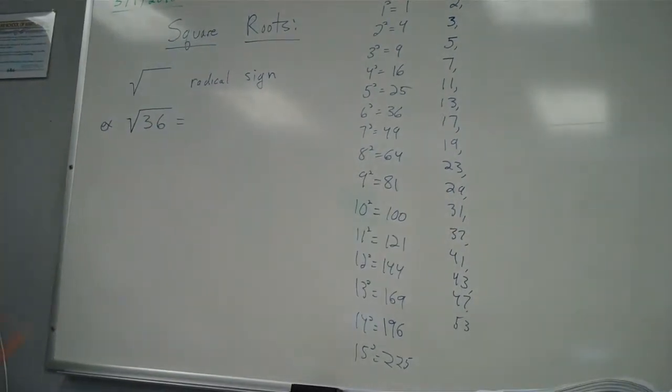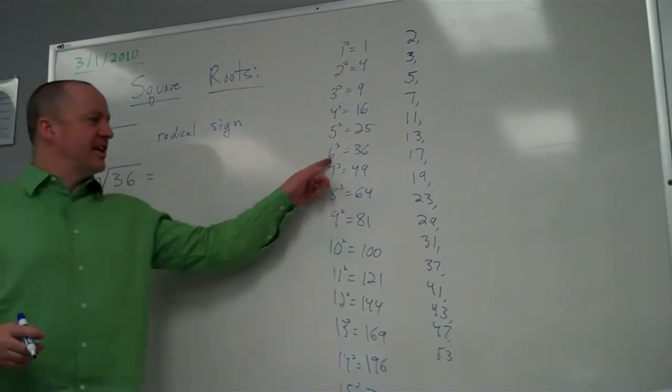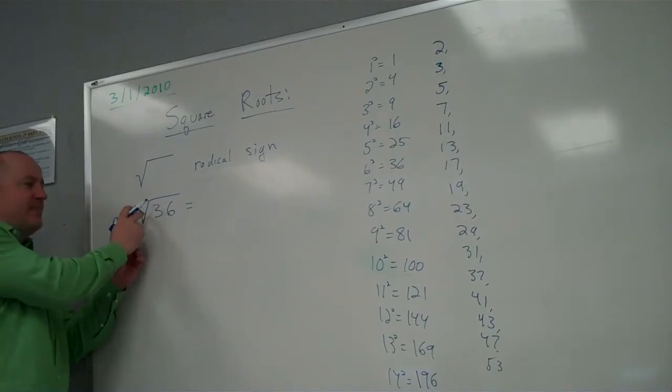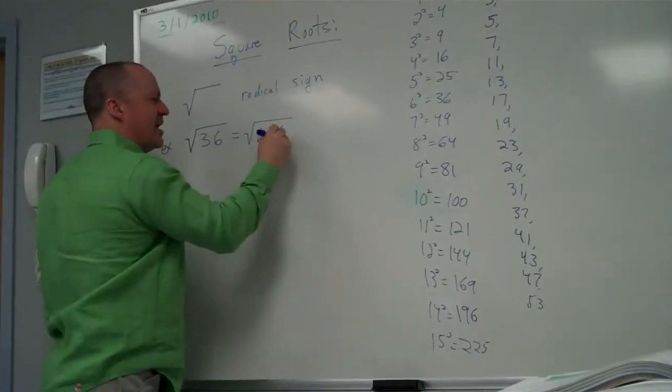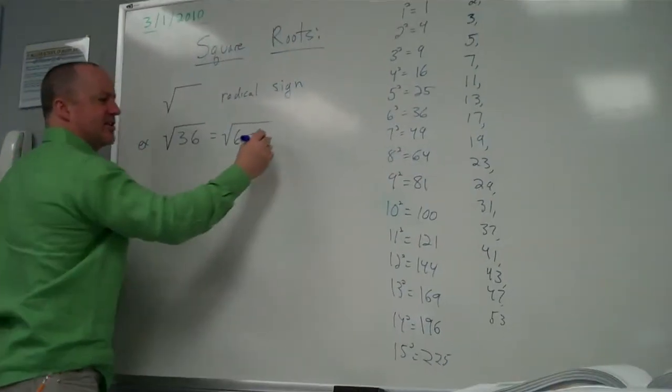What would you tell me? 6. Because 6 squared is 36. What this radical says is, you're asking yourself, is there any number which when I multiply that number by itself gets me 36? And the answer is 6.